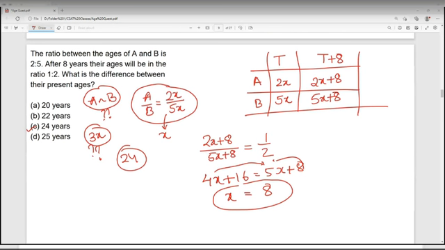If you have any doubts, please do ask. Did everyone get the answer 24? Or is my explanation clear? Okay, I hope this question is clear. We'll move on to the next question.